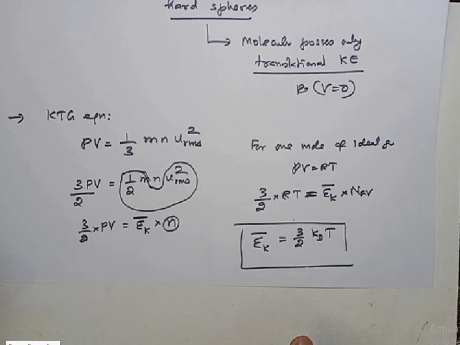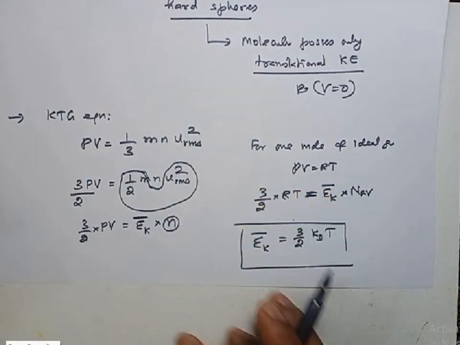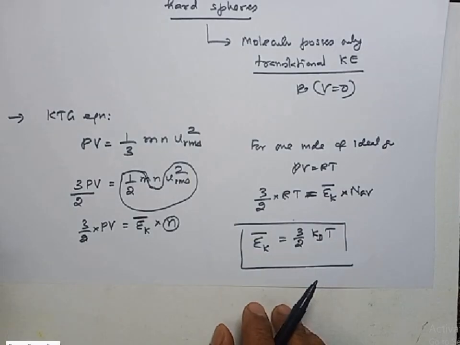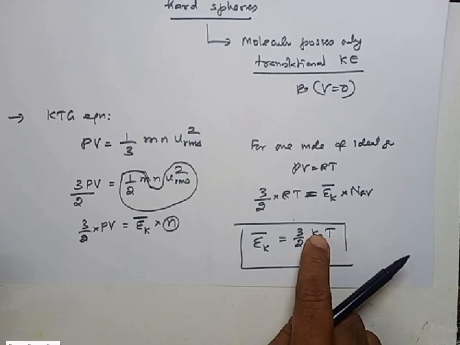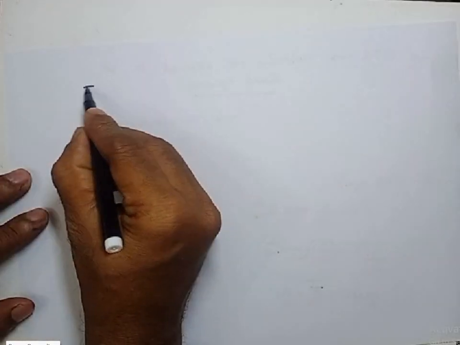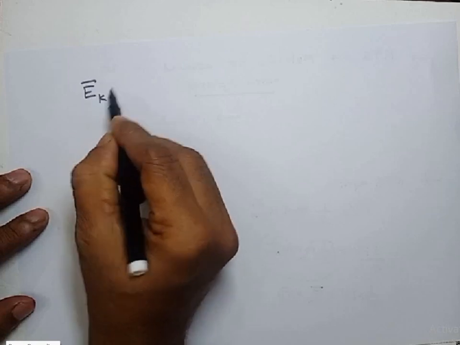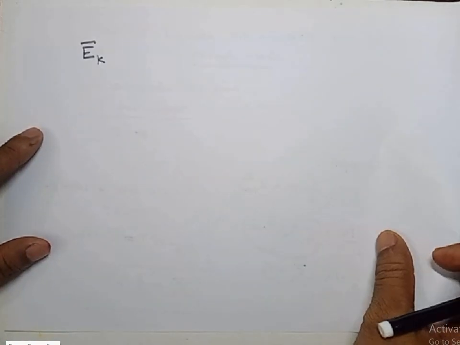Now, what is the average kinetic energy for 1 mole of gas? For 1 mole, we have to multiply this by the Avogadro number. kB into Avogadro number will become R. So, let me write on the next page. Now I am using capital E because this is not for 1 molecule, this is for 1 mole of gas.